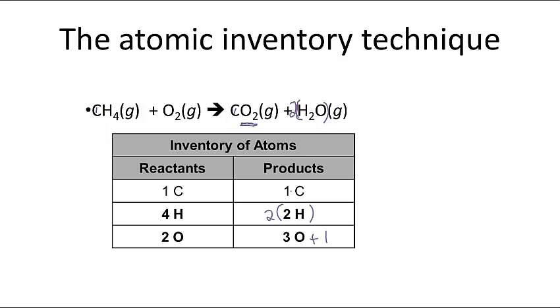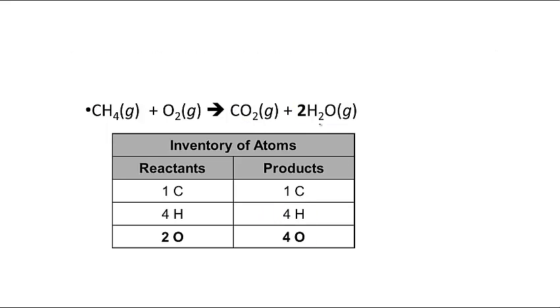And with oxygen, well, I have these 2 oxygens from carbon dioxide, and now I had 1 from water. Now I have 2 times 1, so I have 4. So now at this point, my carbons are all checked, my hydrogens are all checked, but now I have 2 oxygens on my reactant side and 4 on the product side.